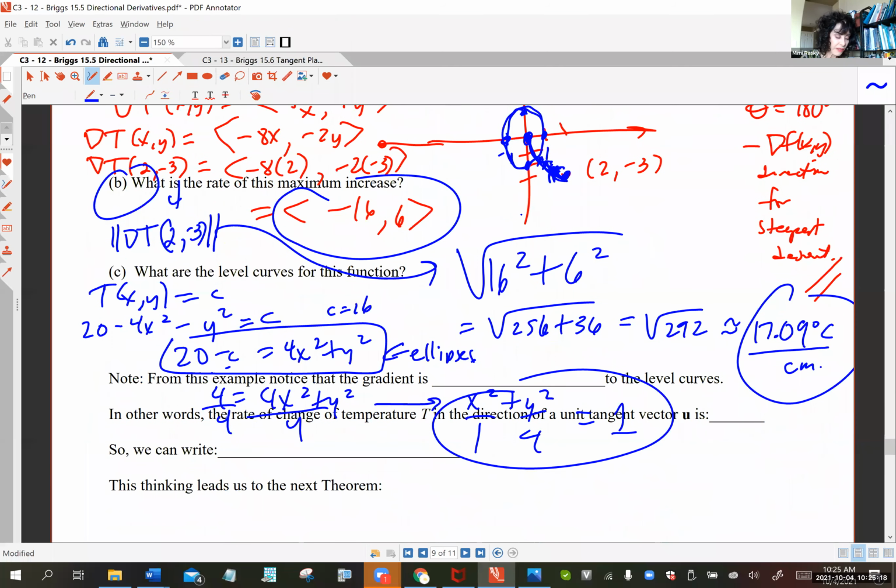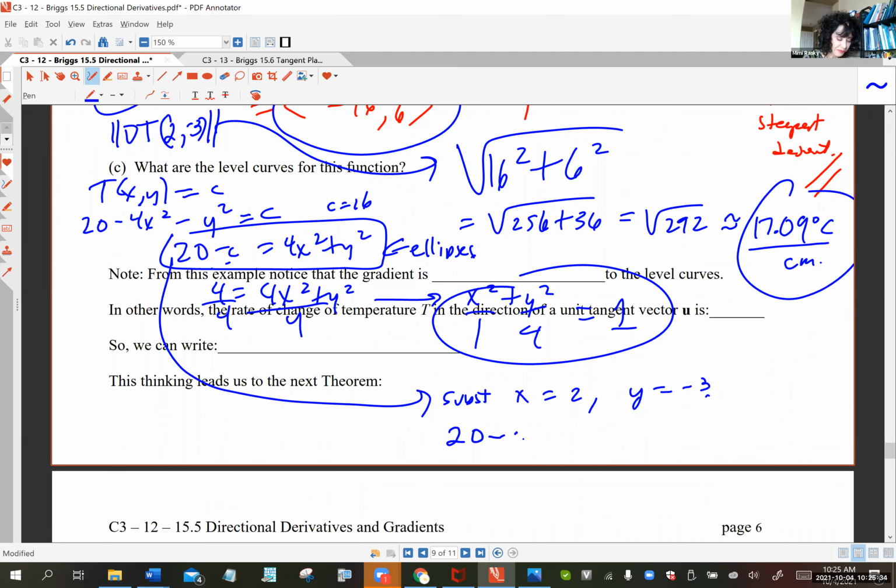What do you think the level curve is right here at the point (2, -3)? Well, if you take this level curve and you let x equal 2, y equal -3, you'll find out what c would have to be for that level curve that the ant is located on. So I'm just going to solve it for c.